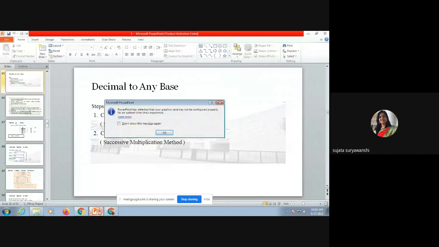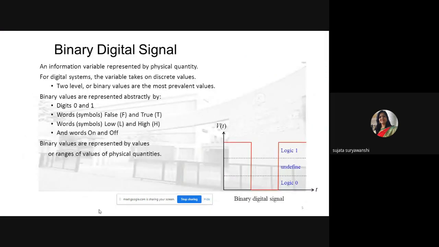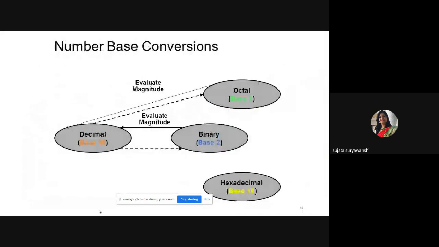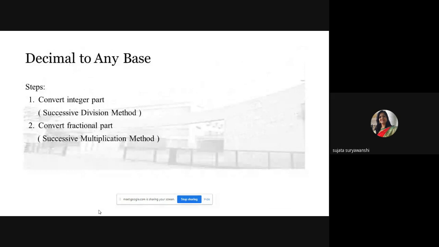We have seen these concepts already in yesterday's lecture. So just keep those topics and directly jump to the next concept, that is conversion from decimal number system to any base. We have already seen the concept of conversion from any base to decimal.